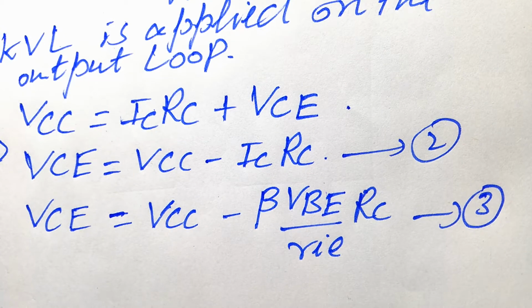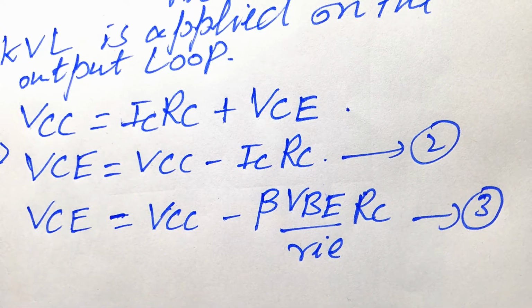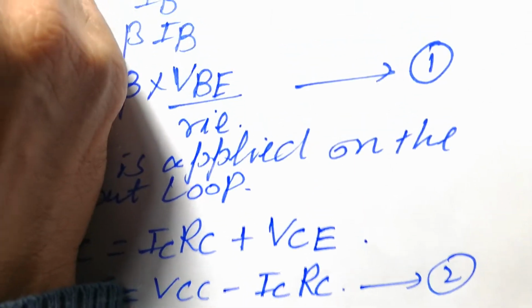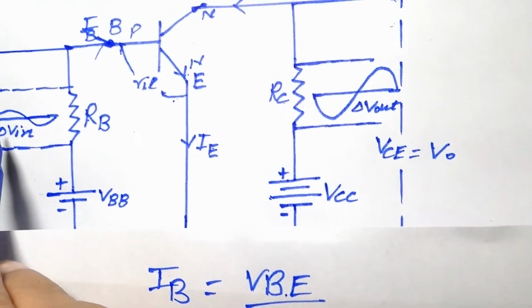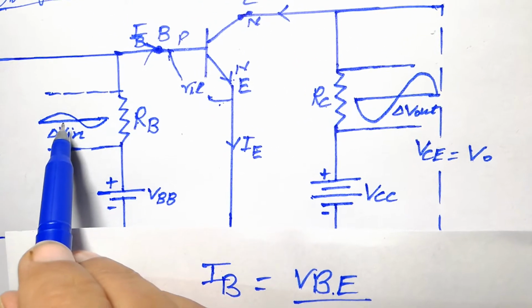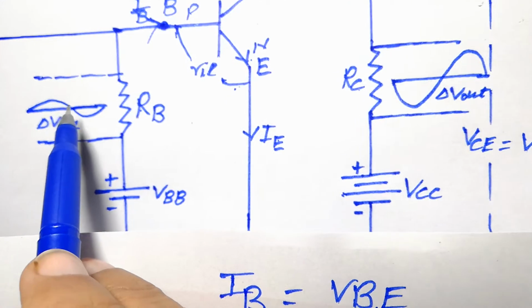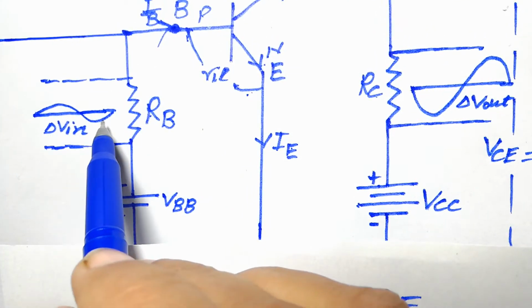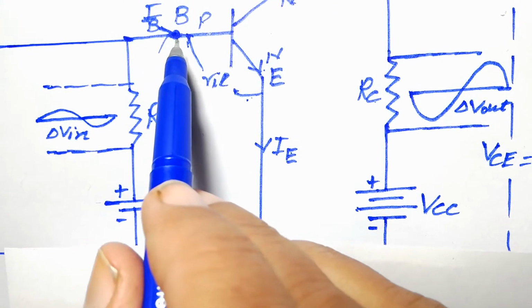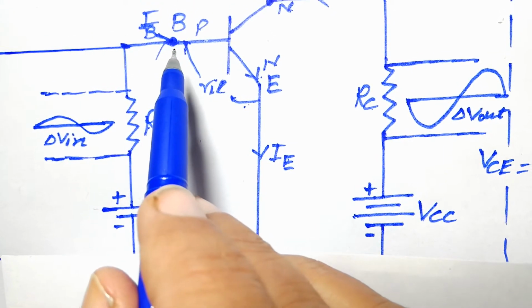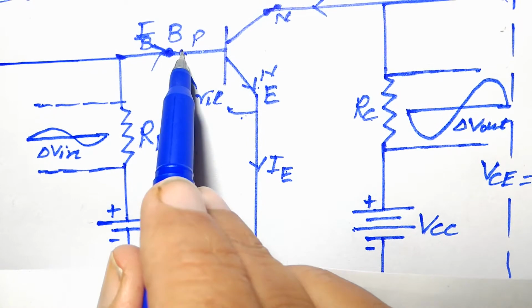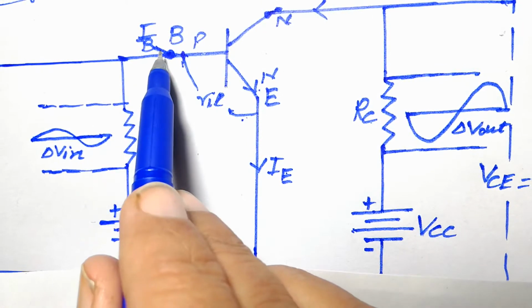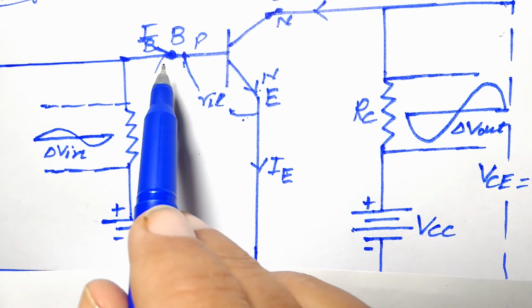Now when a small signal, delta VIN, is applied at the input terminal, that is the base terminal, look at the diagram, students.